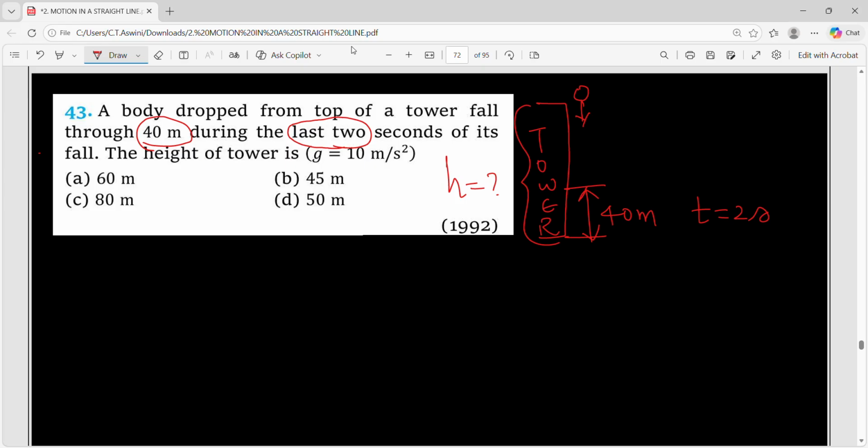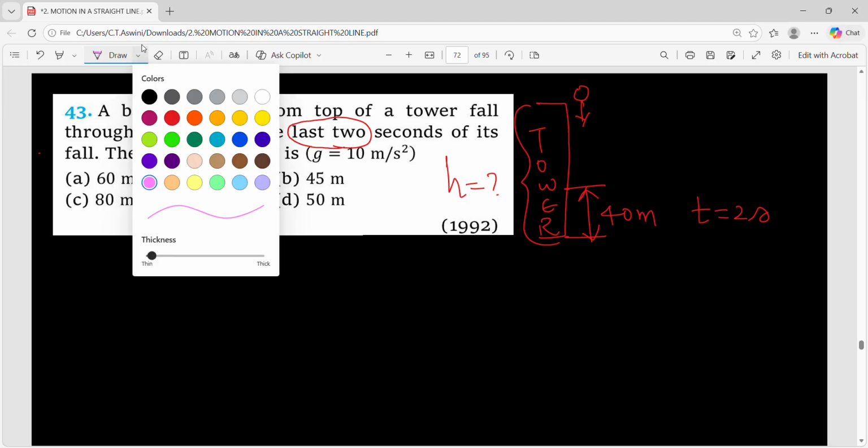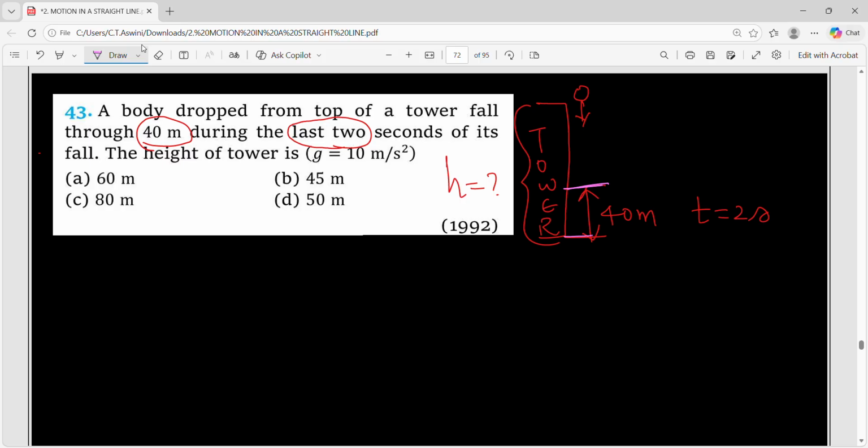So what shall we do? We'll split this into two cases. Let us consider the last 2 seconds as the first case. Can we apply this formula, S equals ut plus half a t square?